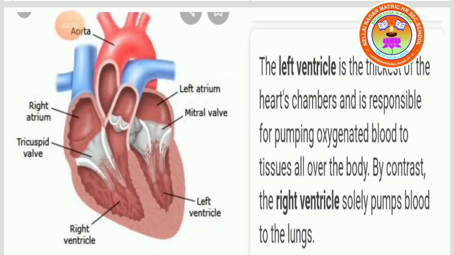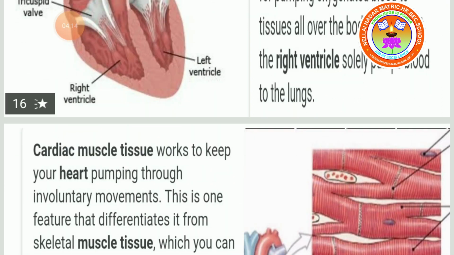Next, the left ventricle is the thickest of the heart's chambers and is responsible for pumping oxygenated blood to tissues all over the body. By contrast, the right ventricle pumps blood to the lungs.